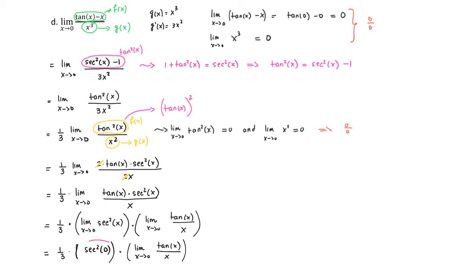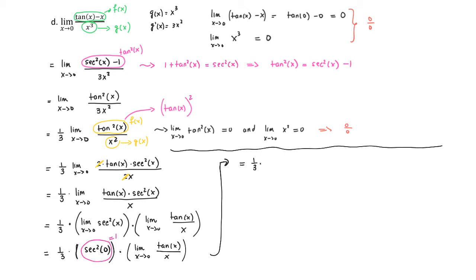So again, this over here is equal to 1. And when I continue right here, let me separate these two. I am going to have 1/3 times 1 times the limit as x approaches 0 of tangent of x divided by x.